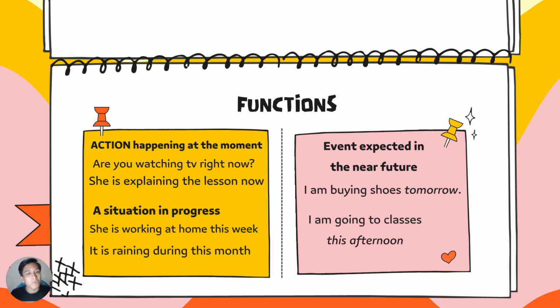A situation in progress is something that has a frequency. For example, she's working at home this whole week. It is raining during this month. And finally, when something is about to happen in the future, for example, I am buying shoes tomorrow.